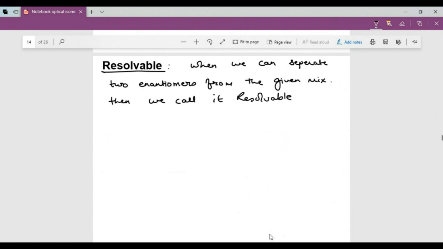When you can separate the two parts which are cancelling each other. Now, mesomers cannot be resolved. Mesomers are non-resolvable.